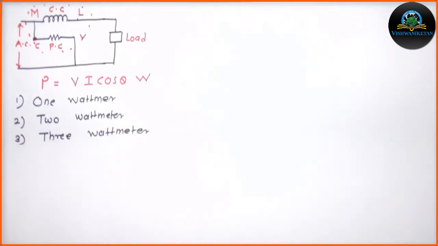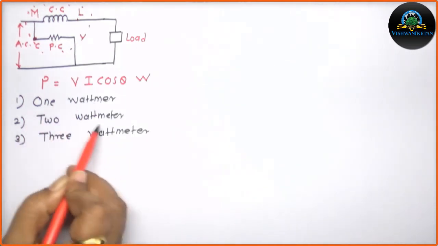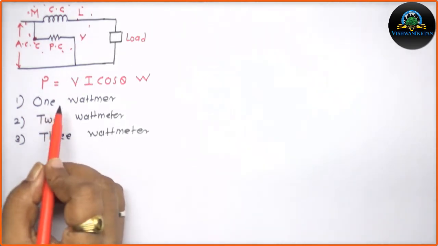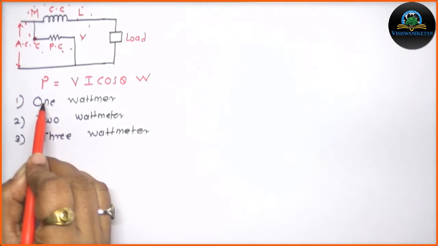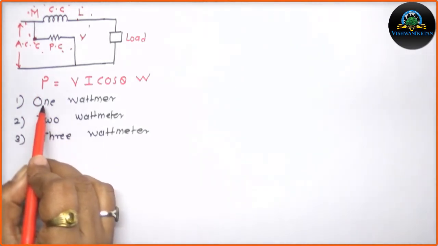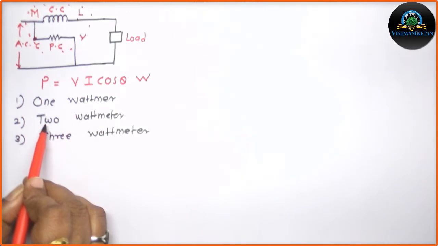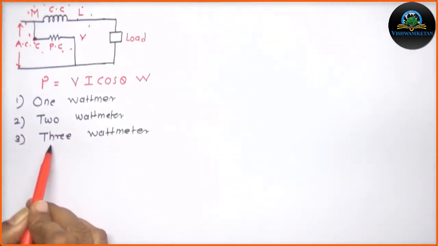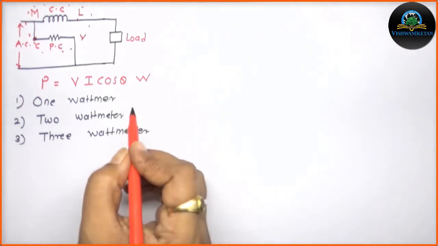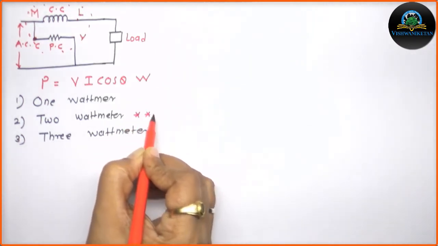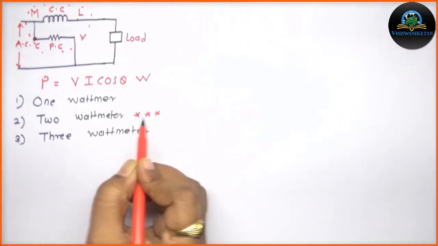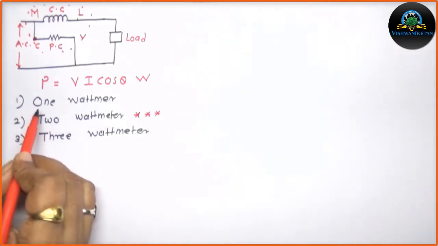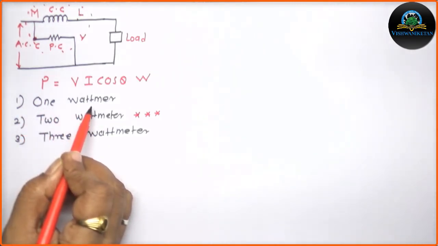As the names suggest, in the 1 wattmeter method we are using only one wattmeter to measure the three-phase power. Here we are using 2 wattmeters and here we are using 3 wattmeters. But it is to be noted that the 2 wattmeter method is normally used and is practically good for measurement of the three-phase power.